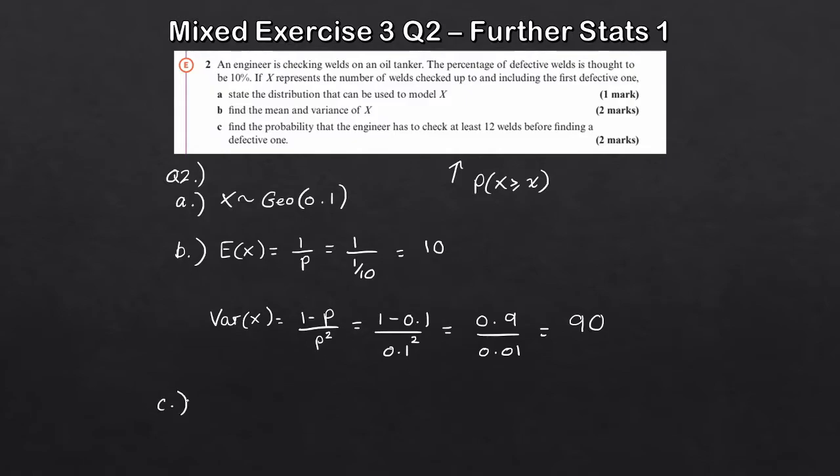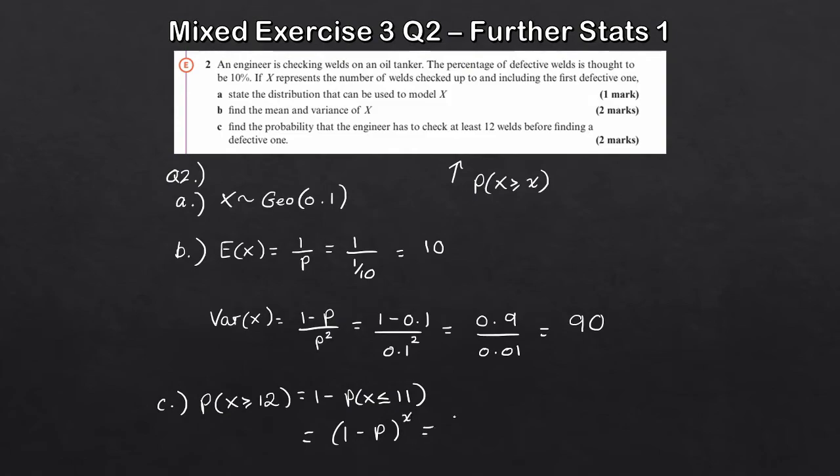So C. So the probability that x is greater than or equal to 12, because we're checking at least 12 welds. Remember, this is just the same as doing 1 minus the probability of x being less than or equal to 11. We want to get rid of everything underneath, and then we've got everything above and equal to 12. So this is just the same as doing 1 minus p to the power of x here.